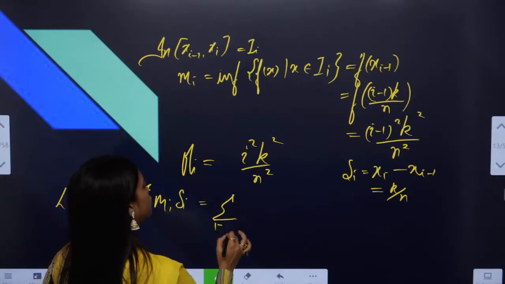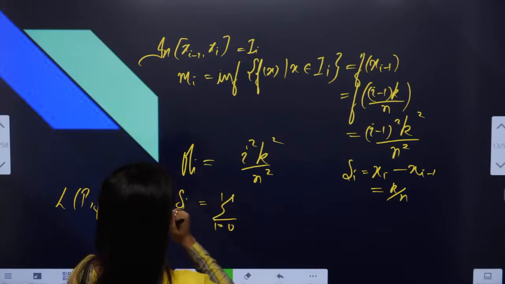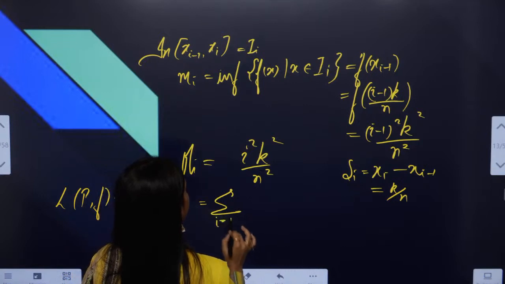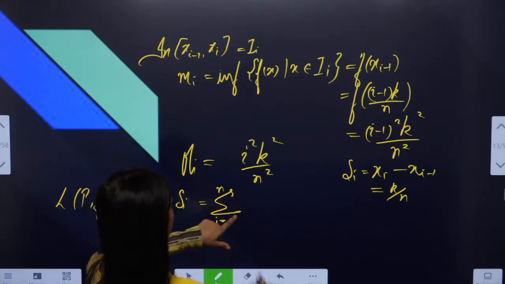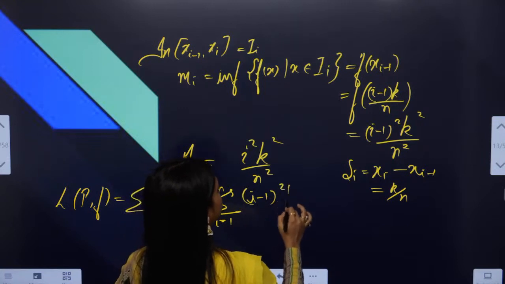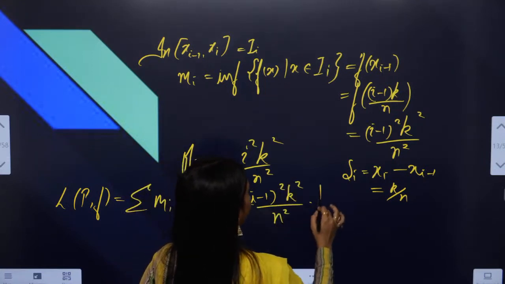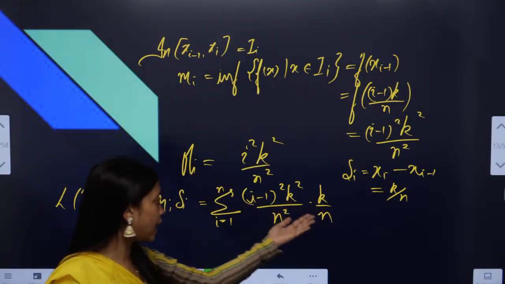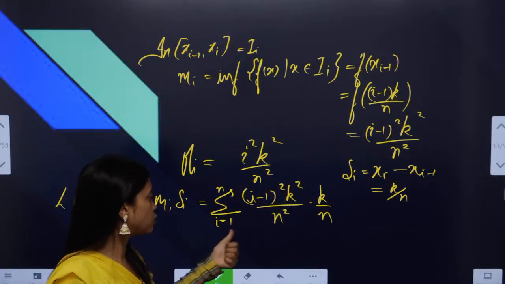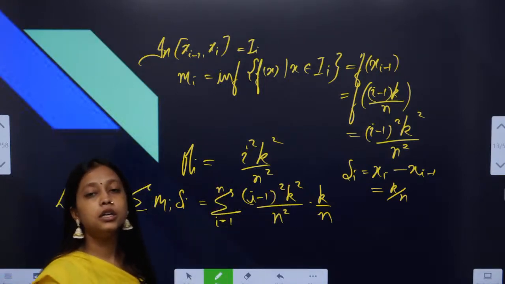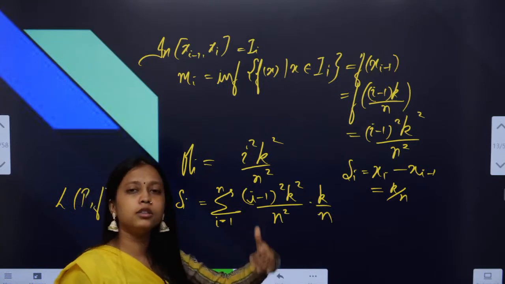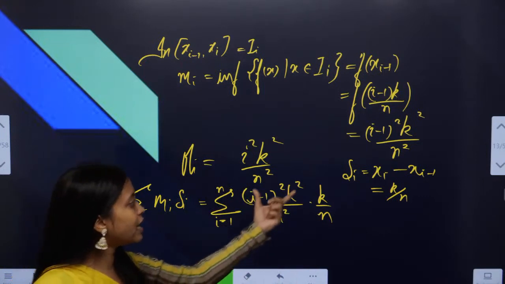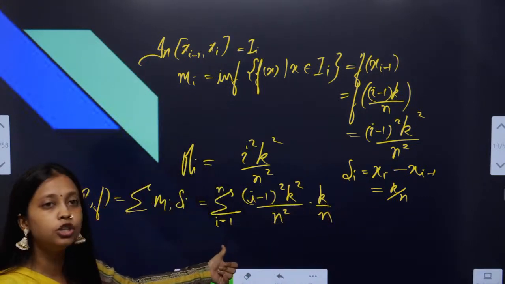This is i equals 1 to n. It becomes (i-1) whole square k square by n square dot k by n. Summation is over i. Take that k cube upon n cube outside. You will have (i-1) square, i going from 1 to n. This is nothing but the sum of the series 1 square plus 2 square plus 3 square, up to (n-1), n, 2n-1 by 6.